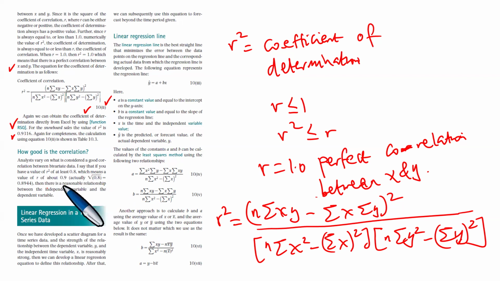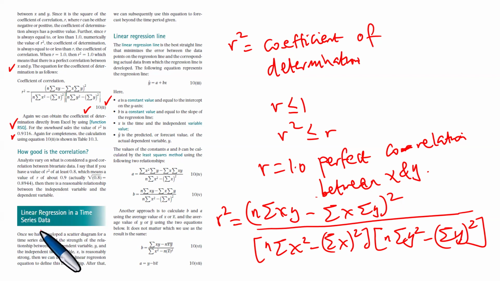I say that if you have a value of R squared of at least 0.8, which means a value of r of about 0.9, actually the square root of 0.8, which is 0.8944, then there is a reasonable relationship between the independent variable and the dependent variable.